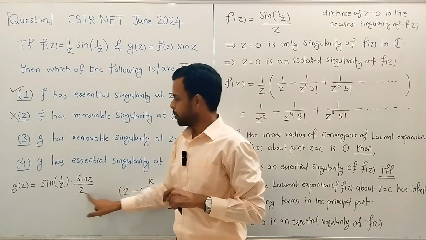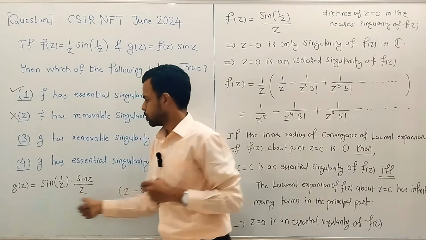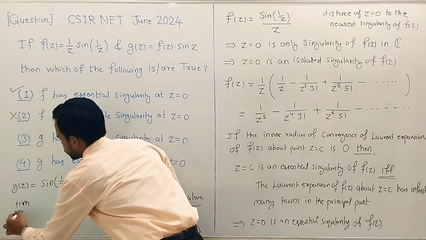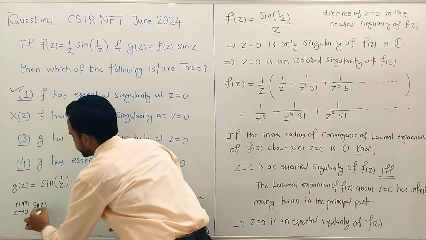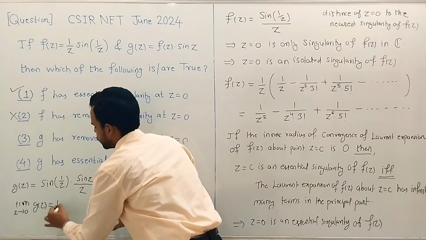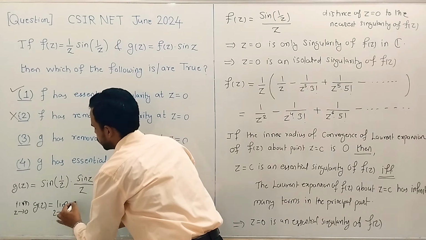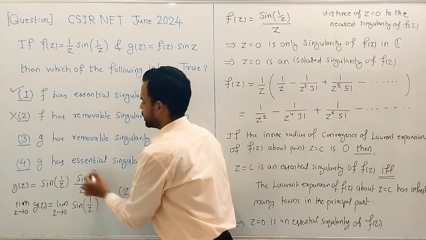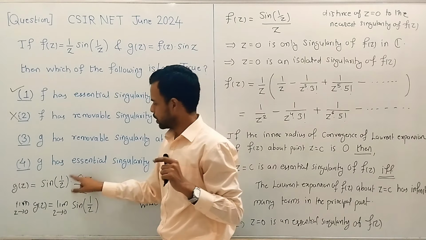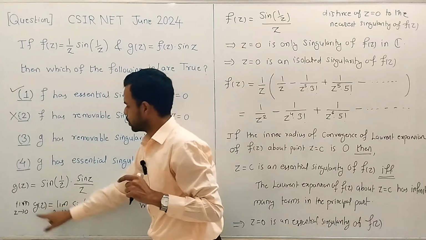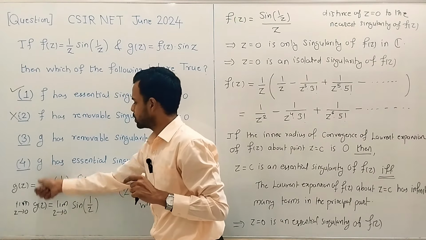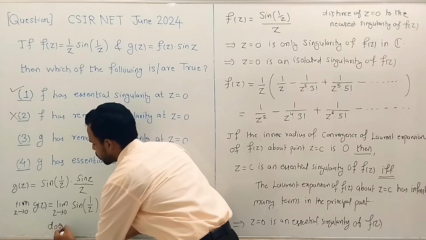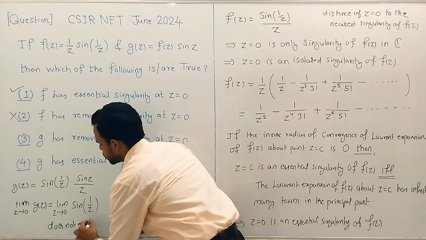And when you take the limit z tends to 0, the limit z tends to 0 of g of z is equal to the limit z tends to 0 of sin of 1 over z, because the limit of sin z upon z is nothing but 1. So this limit reduces to the limit z tends to 0 of sin of 1 over z, and clearly this limit does not exist.